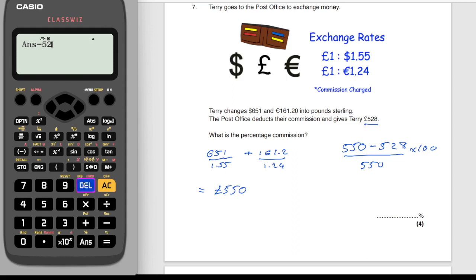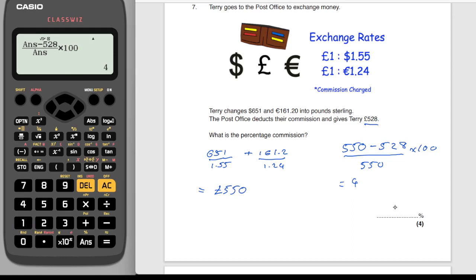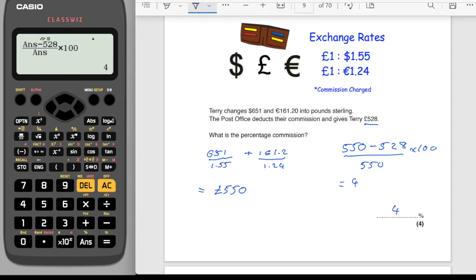I can't do that, so let me just retype that. I actually wanted that as a fraction. As my numerator, I wanted the last answer I worked out minus 528, and I want to divide that by the original answer, and then I want to times by 100. So that equals 4. So the percentage commission is 4%.